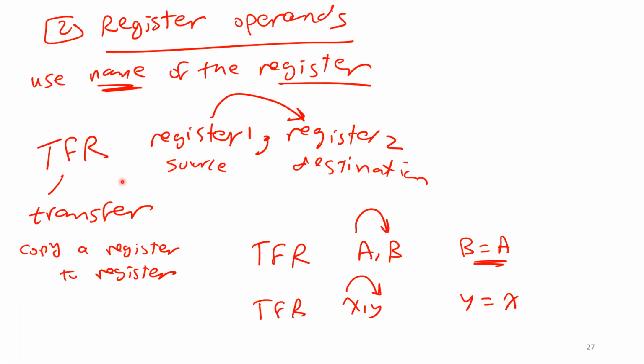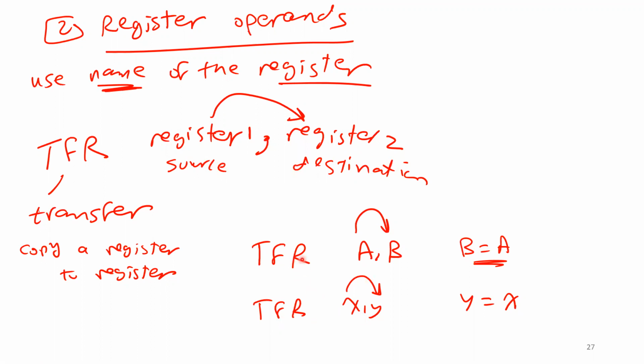All this instruction is doing is copying this register to this register. So here it has to be a register, and here it has to be a register. Is that okay? If I wanna write a register, how do I represent the registers? Very easy. All you have to do is put the name of the register. I give you some examples here.